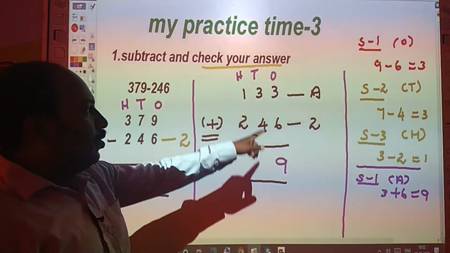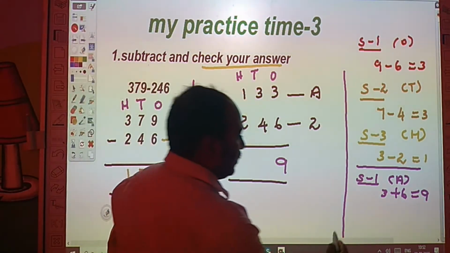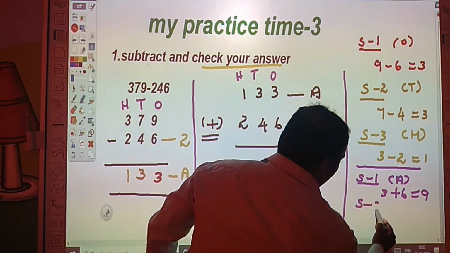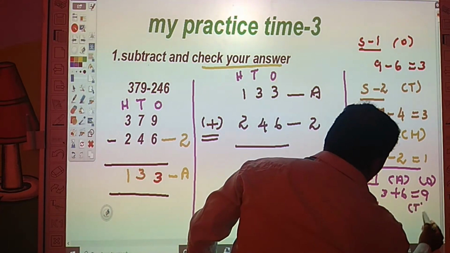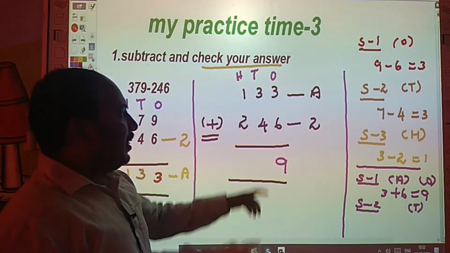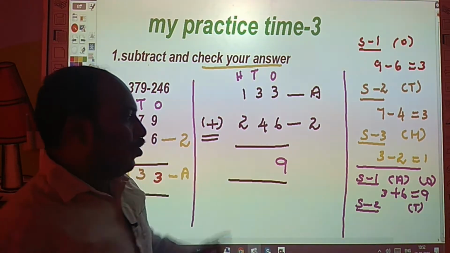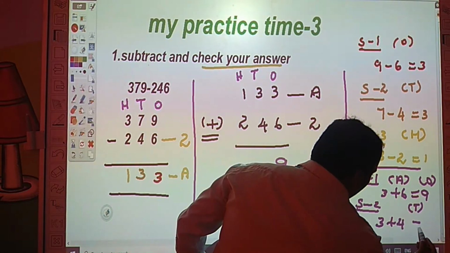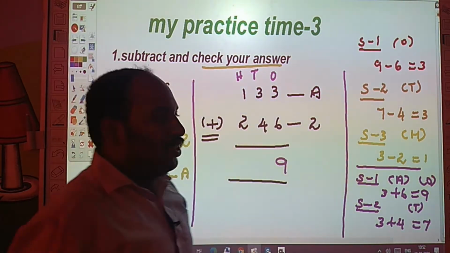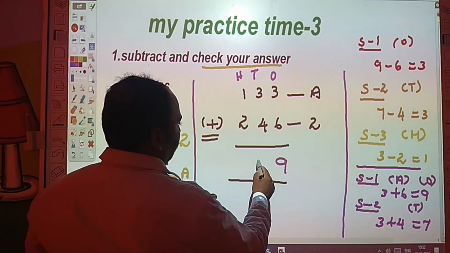The next we go to the tens place. Here we add tens, 3 tens plus 4 tens. 3 plus 4 is equal to 7.